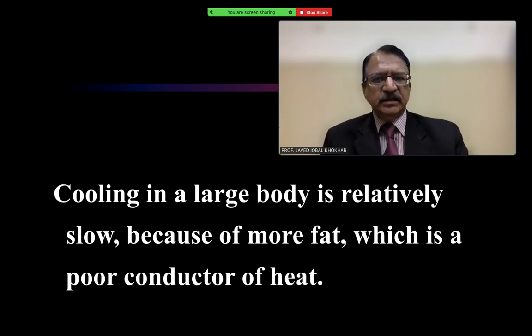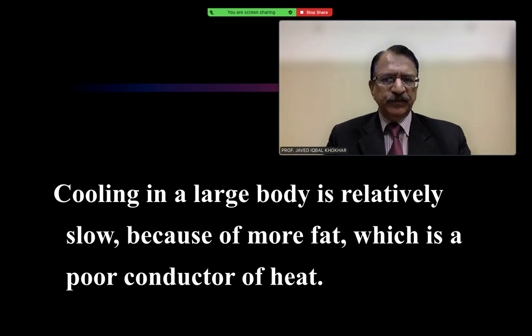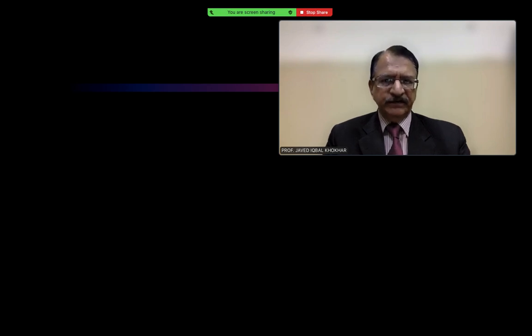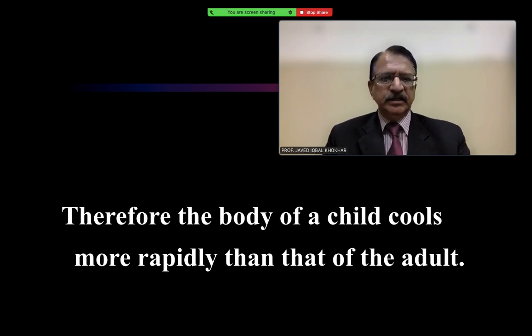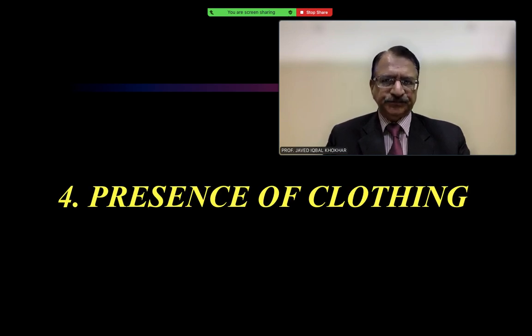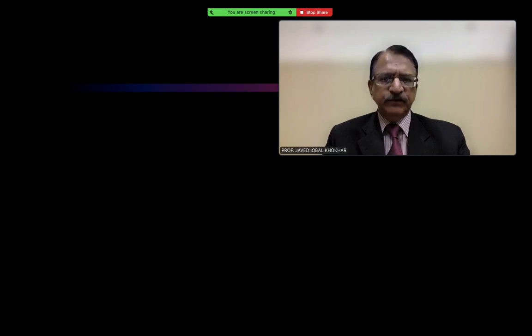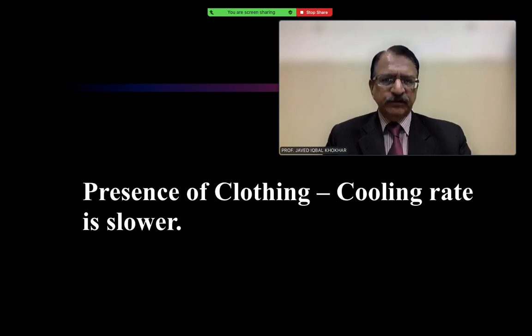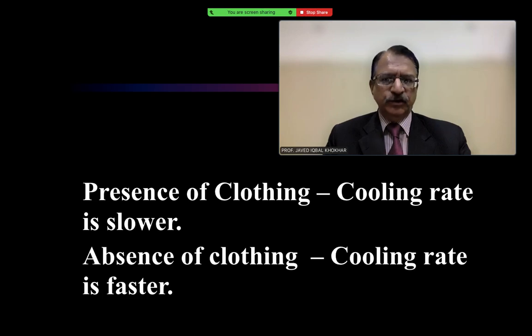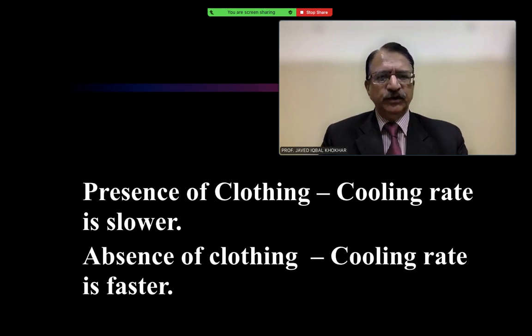So cooling is relatively slow if the body is large because of more fat, which is a poor conductor of heat, whereas in a child and small body the rate of cooling is rapid compared to adults. Then presence of clothing. The presence of clothing makes the heat loss slower, and absence of clothing makes it faster.